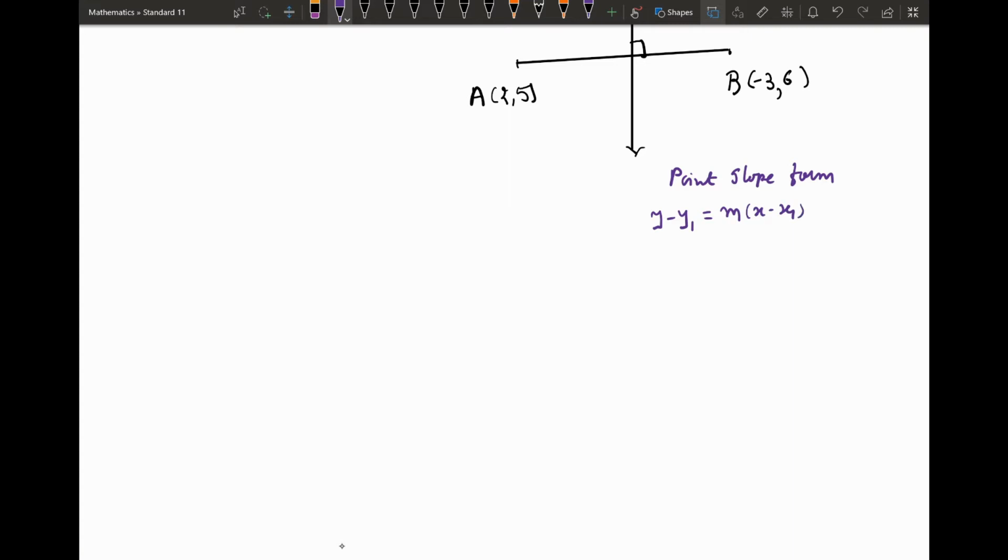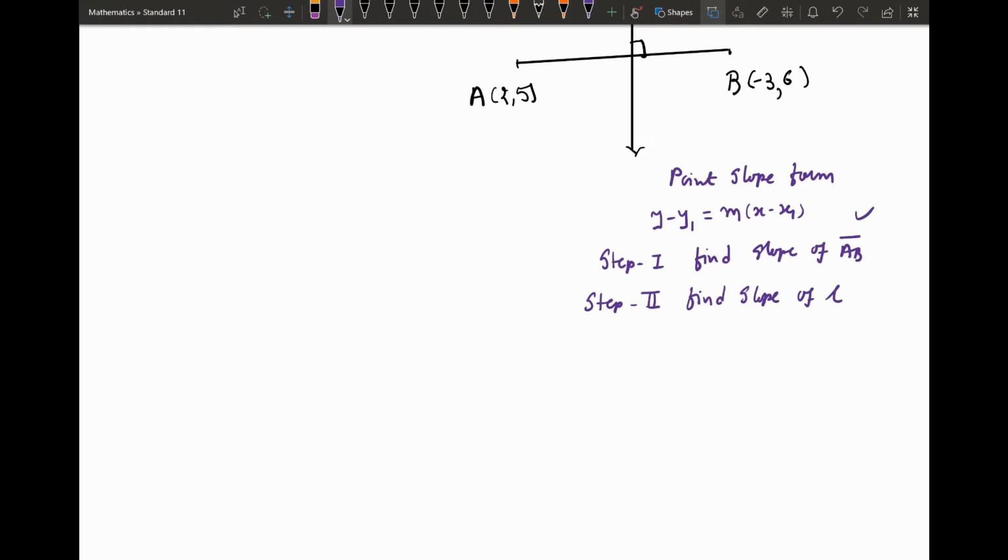So step 1, find the slope of AB. Step 2, find the slope of L using the slope of AB.